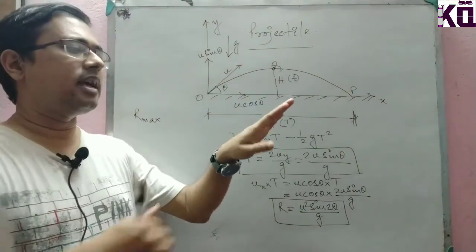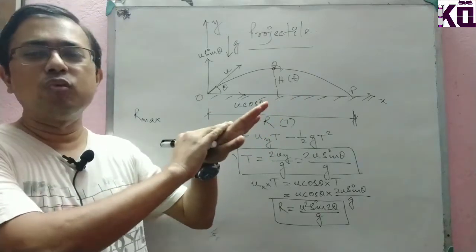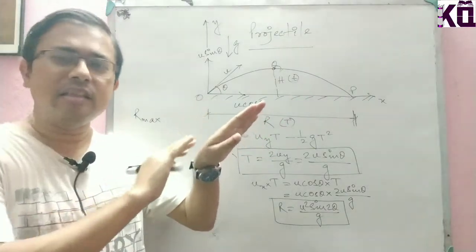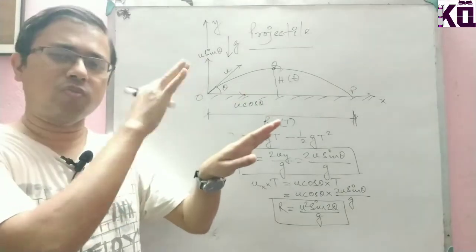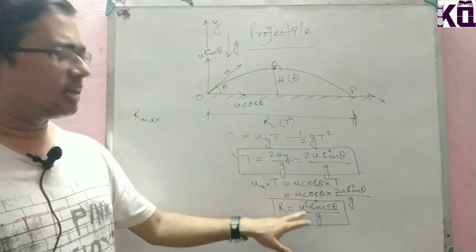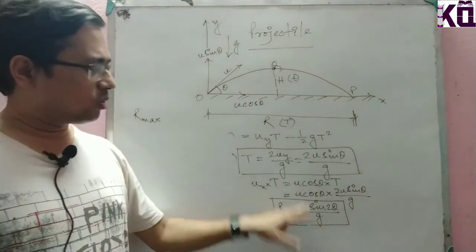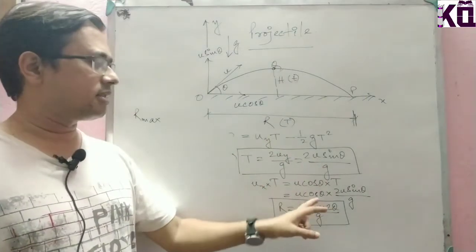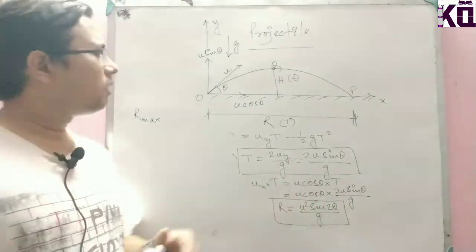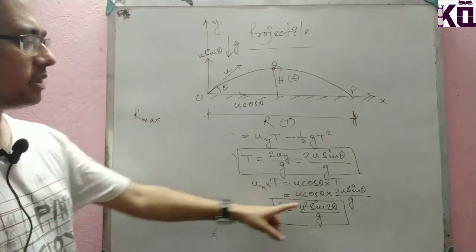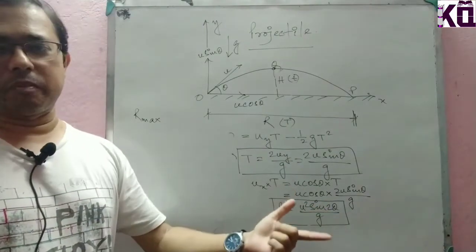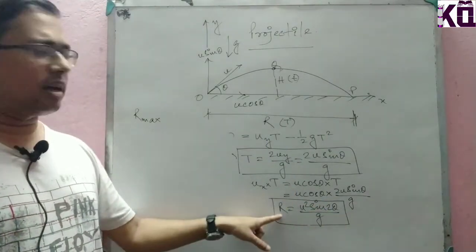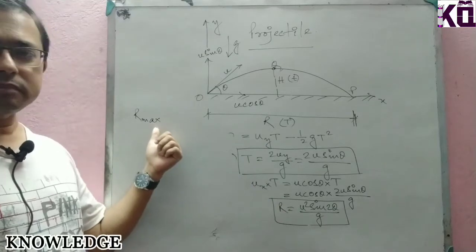In case of a missile, you can't change the initial velocity. So u is constant and g is also constant. There is only one chance to change, that is theta. So if sine 2 theta is maximum, then the value of R becomes R max.